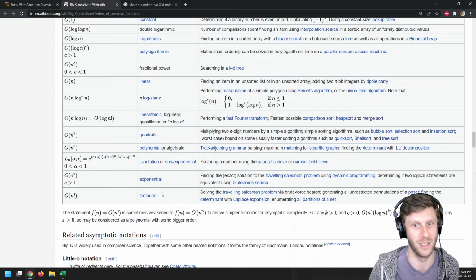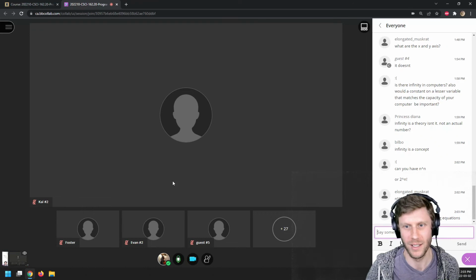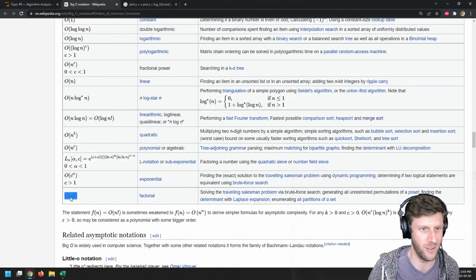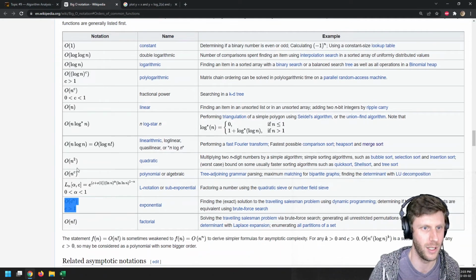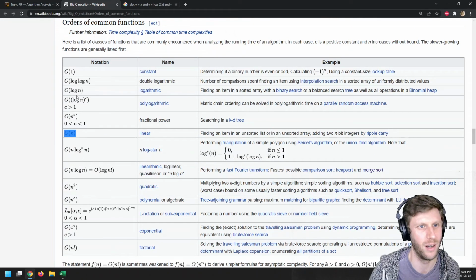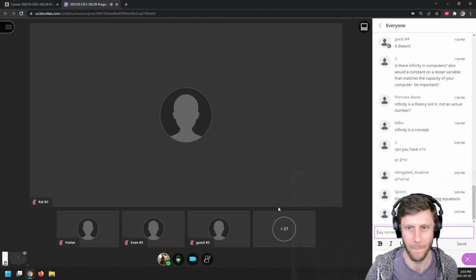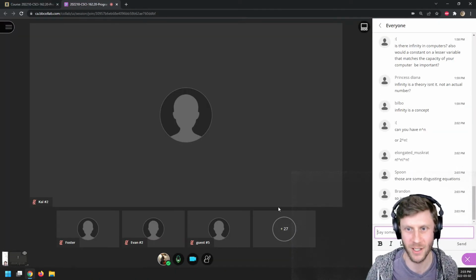N factorial is real bad. Yeah, don't look at any of them except this one, this one, this one, this one, this one, this one, this one, and this one. So just no.